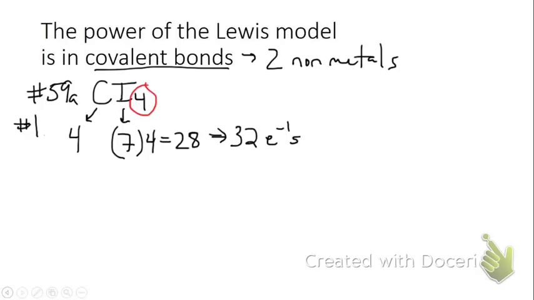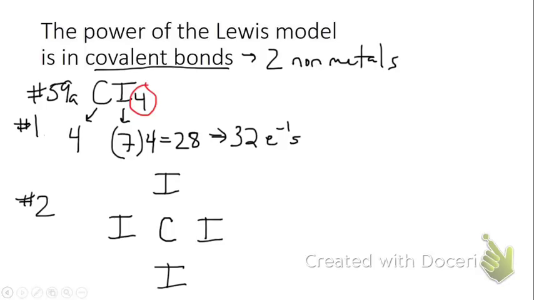Alright, so step number 2. We need to now draw the skeletal structure. And so the way we do that is we use single bonds. But before we even put single bonds in, we usually put the least electronegative element in the center. We'll talk about electronegativity in the next couple slides.